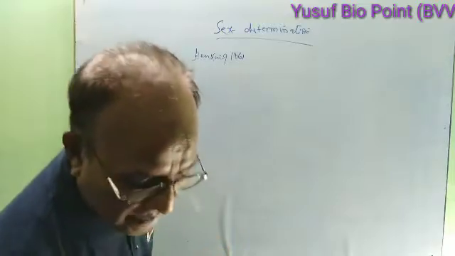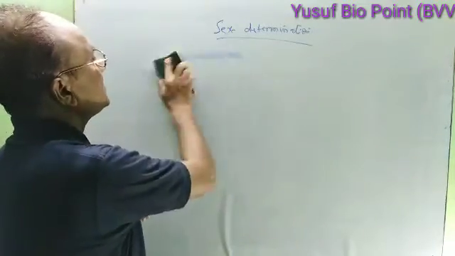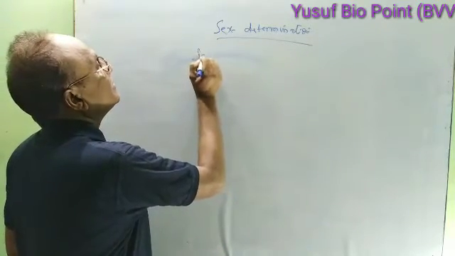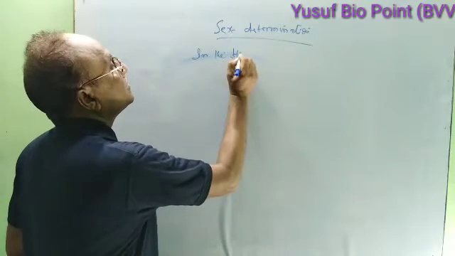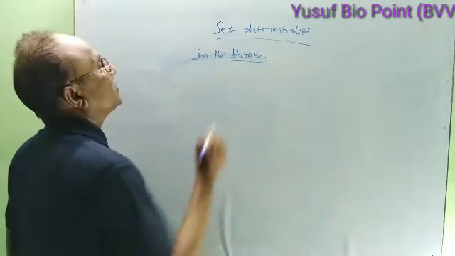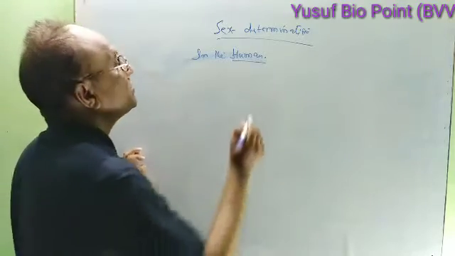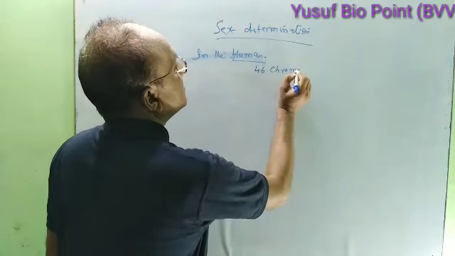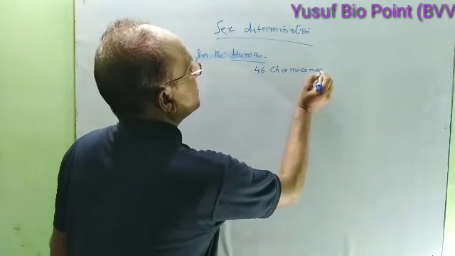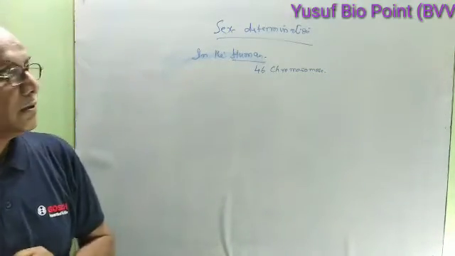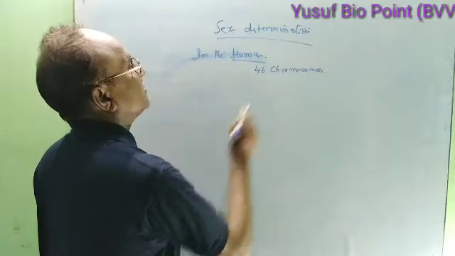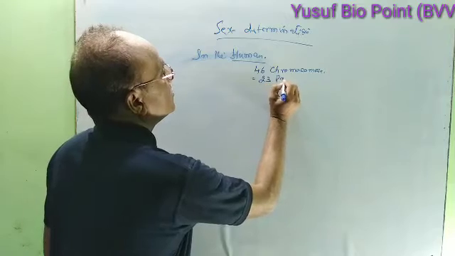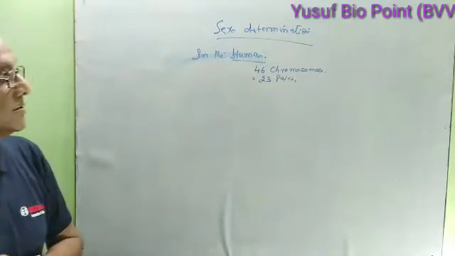Now you know that in human, chromosomes are found, that is 23 pairs.